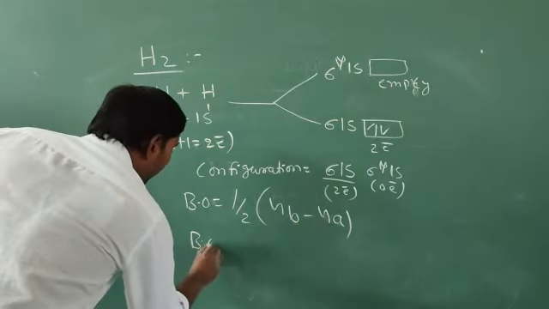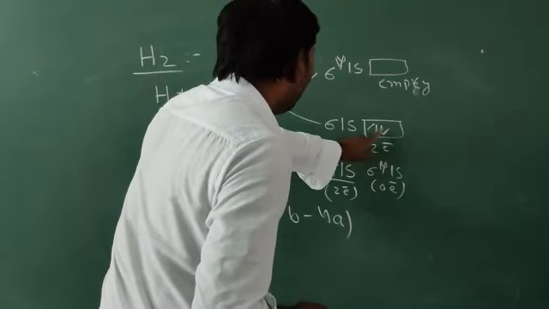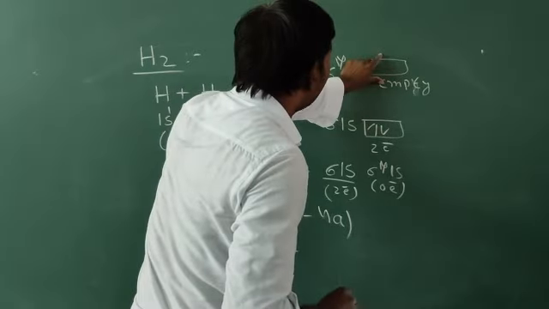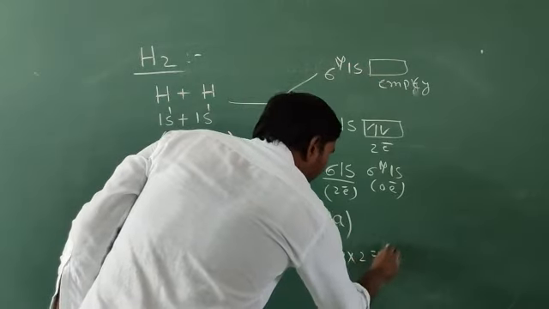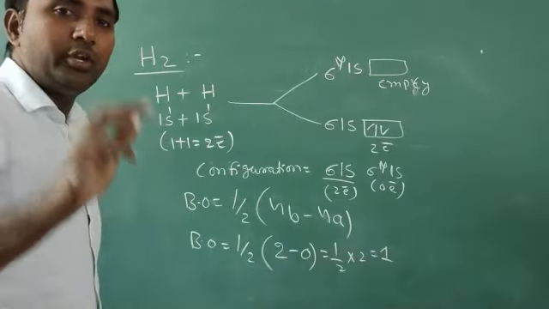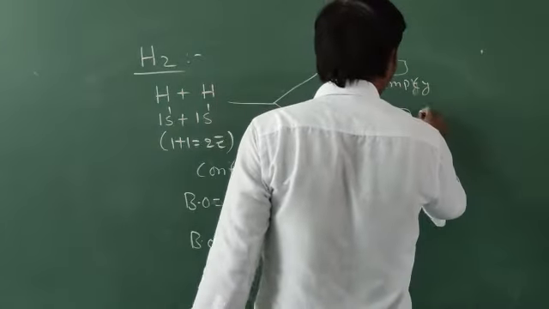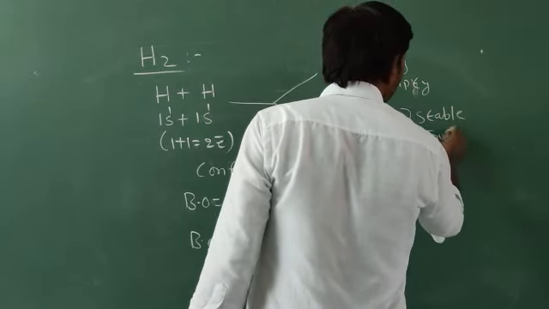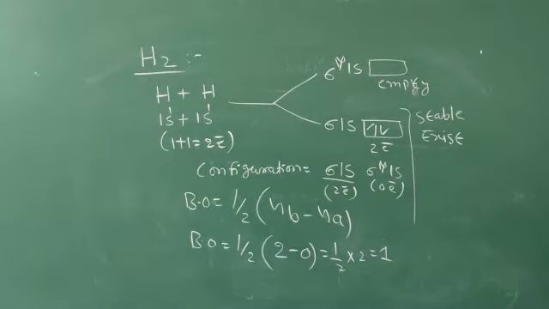Now bond order equals 1 by 2 into bonding electrons 2 minus anti-bonding electrons 0, which equals 1. 1 is a positive integer. That's why the hydrogen molecule is stable and exists.